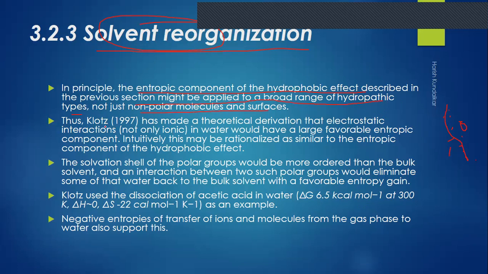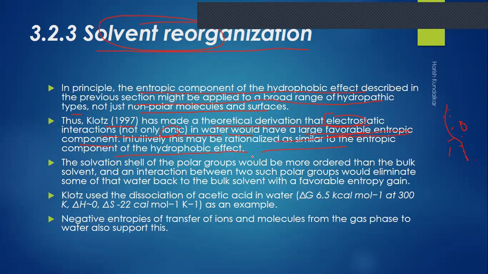In 1997, a scientist called Klotz made a theoretical derivation that electrostatic interactions, not only ionic, in water would have large favorable entropic components. So he said that if there are ionic or electrostatic interactions, they will have large favorable entropic components, and this may be rationalized as similar to the entropic components of the hydrophobic effect.